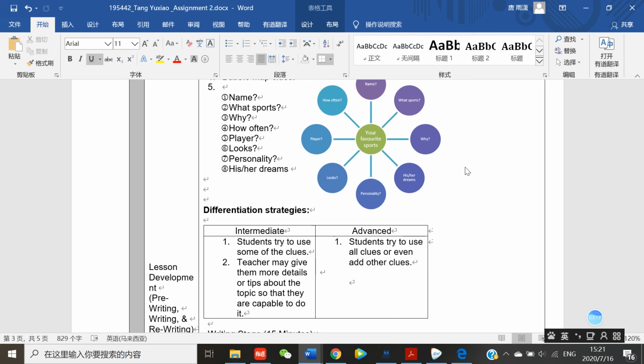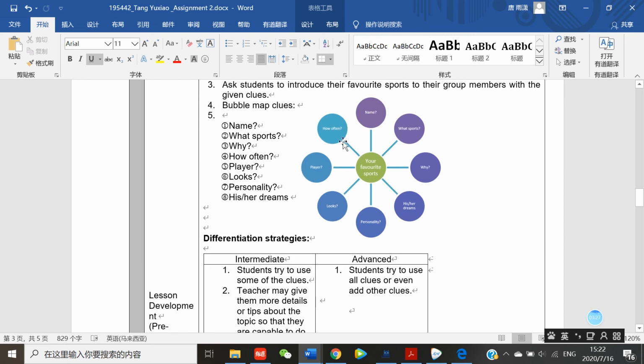And for the advanced students, these students need to try to use all clues or even add other clues. In other words, they need to use all clues to introduce their favorite sports.